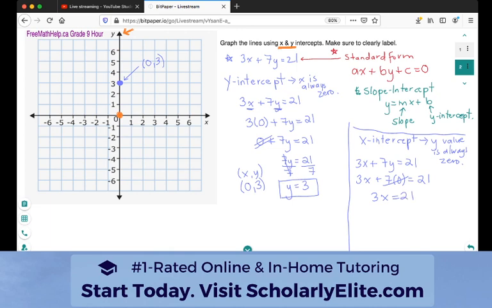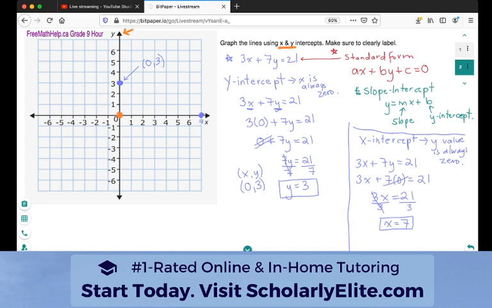Then we just isolate for x using algebra. So we divide by 3, divide by 3, 3 divided by 3 is 1, and then we get x equals 7. And that is our x-intercept. That is where on the x-axis the line is going to cross. So actually this right here is 7.